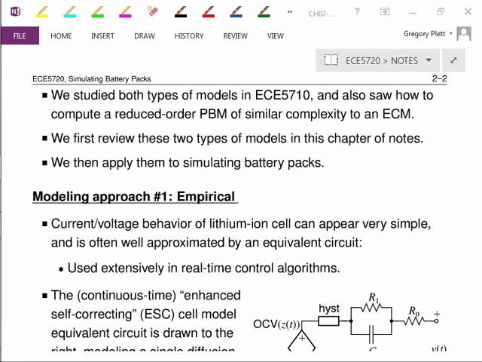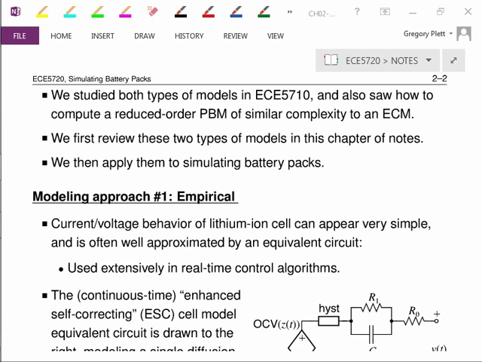It's tricky to find all the parameter values of a physics-based model without having a fully equipped lab full of electrochemists and material scientists. So can we get good parameter values for physics-based models if we have the kind of lab facilities that we assumed for an equivalent circuit model, which is far more common?